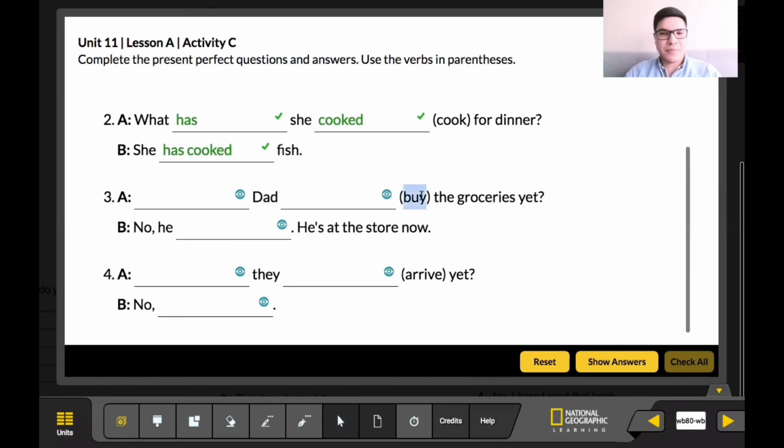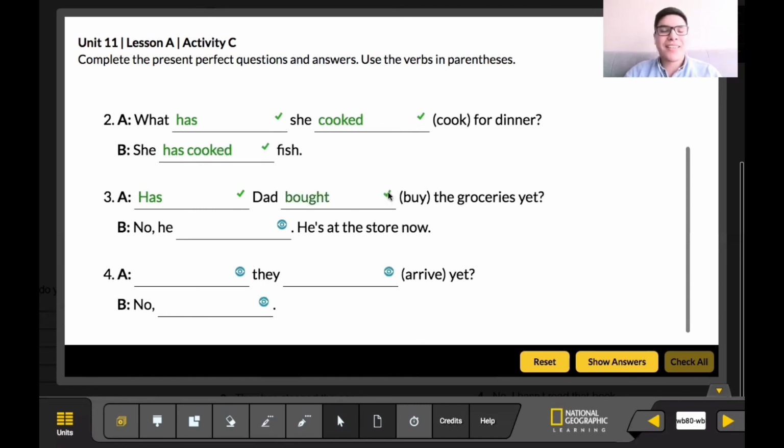Very good. Excellent. Number 3, it says dad. Dad, the verb is buy, the groceries, yet. Oh, so this is not a WH question. This is a regular question, a yes or no question. So has dad, what is the past of buy? Bought.